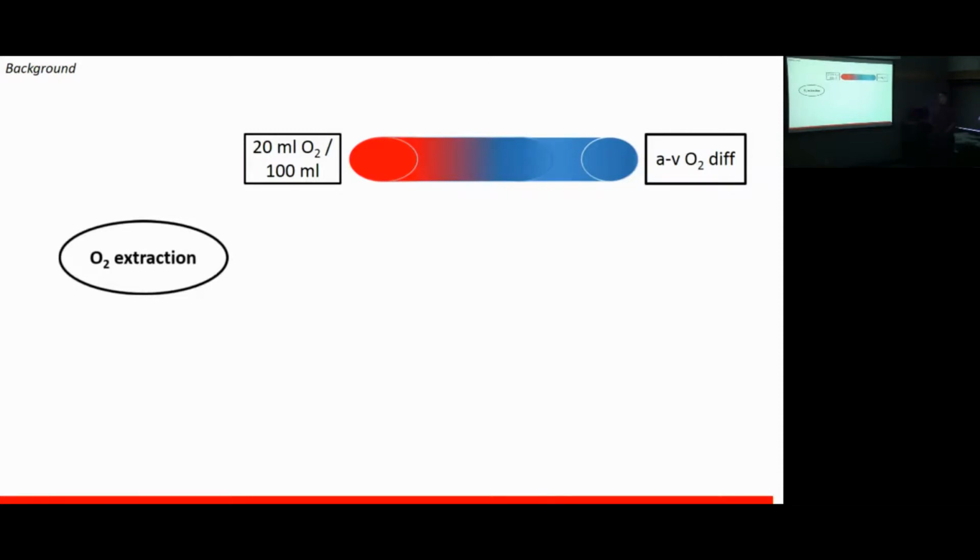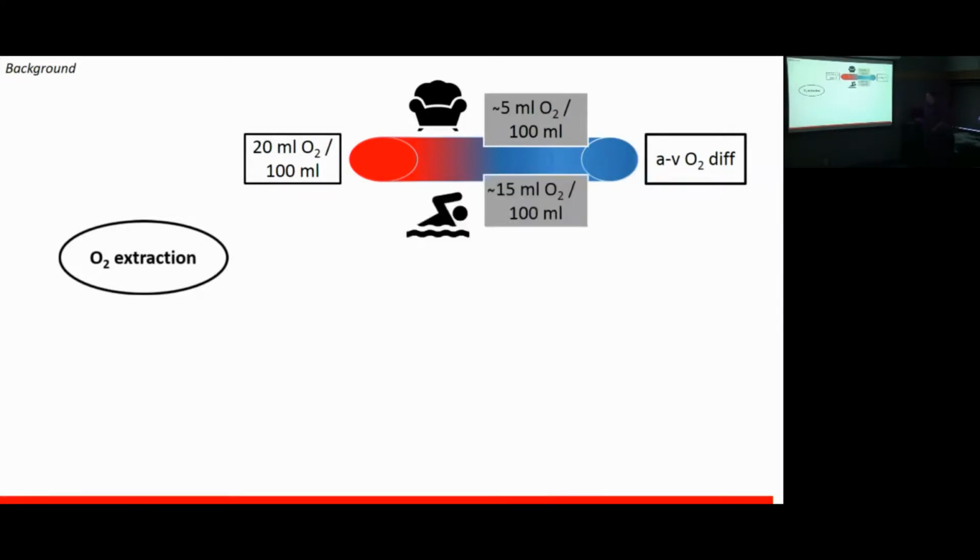So let's consider our vascular system. At sea level, usually we have 20 milliliters of oxygen every 100 mL of blood. And basically oxygen extraction is nothing else than the difference between the arterial content of oxygen and the venous content of oxygen.